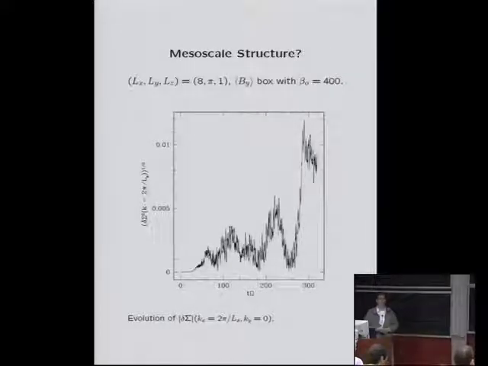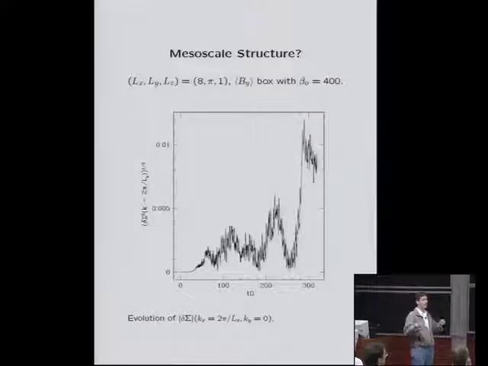Okay, so do we see mesoscale structure in these models? This shows the evolution of the largest scale Fourier component with wavelength equal to the size of the box, Lx, in an 8 by pi by 1 box with a mean azimuthal field and initial beta of 400. And this is quite exciting.